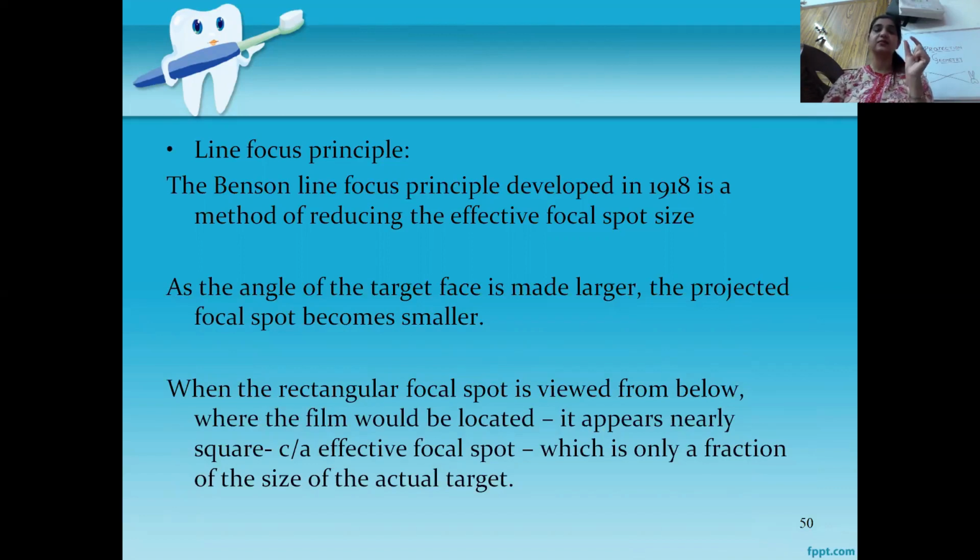That is, the effective focal spot becomes very small, only a fraction of the size of the actual focal spot. So if the angle of the target is wider and larger, there will be creation of a small focal spot.